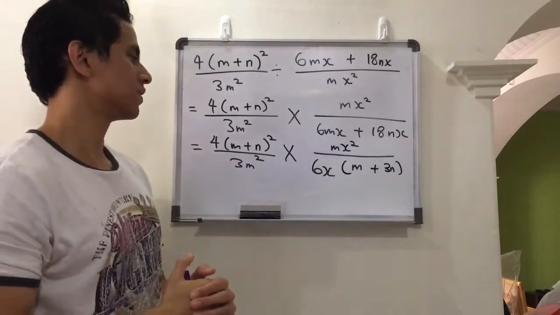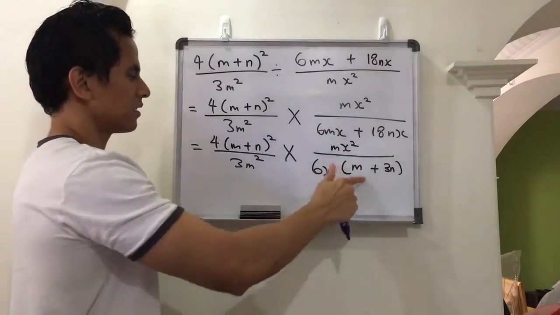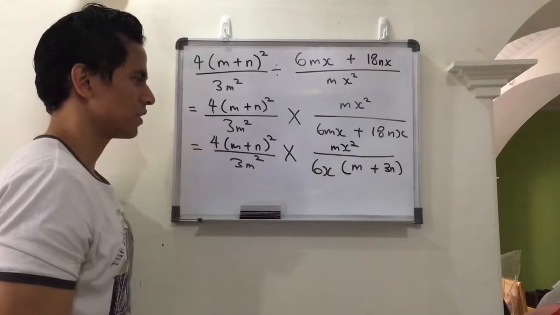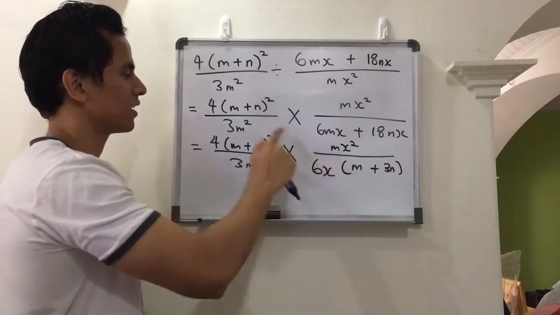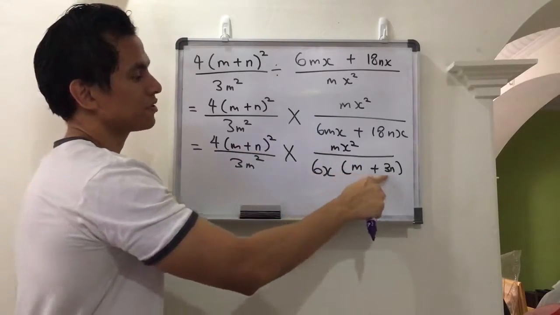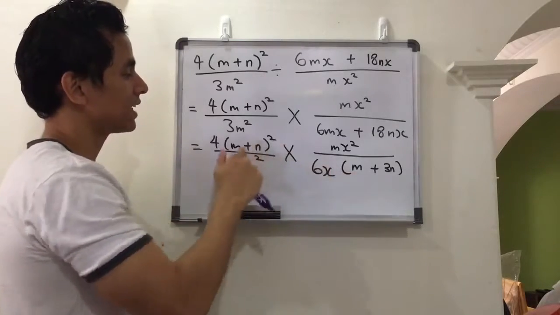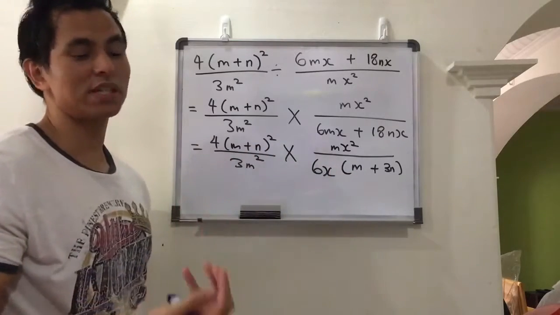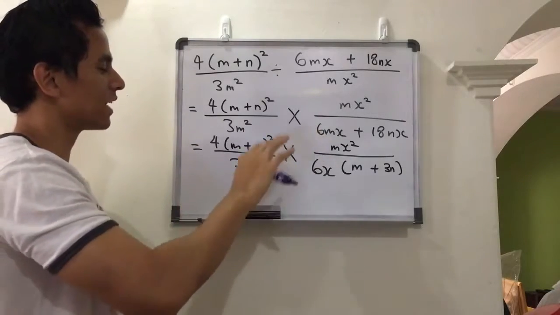Alright, so take a moment and realize, hey, these are different. So this is actually a problem, right? You can't just go ahead and divide because they are very different. This is m plus n and this is m plus 3n. But okay, fine. So we know that we can't simplify here. It doesn't mean that we cannot solve this question. We still can. We just have to focus on the other terms.